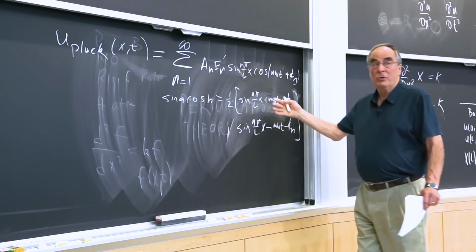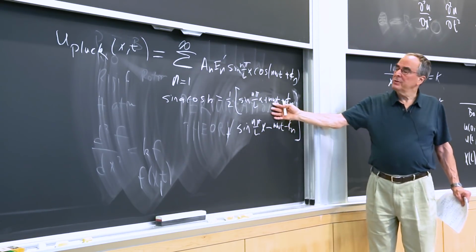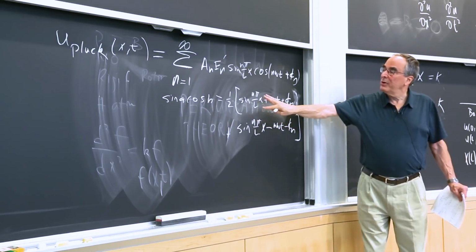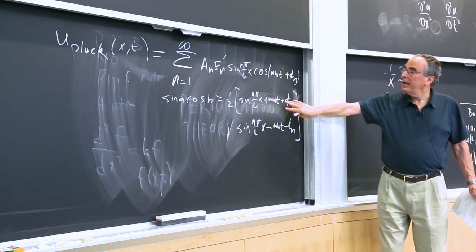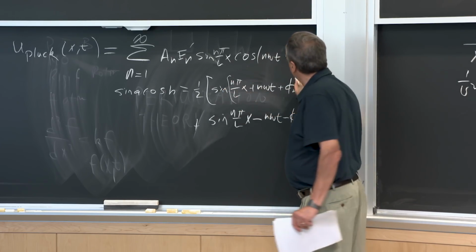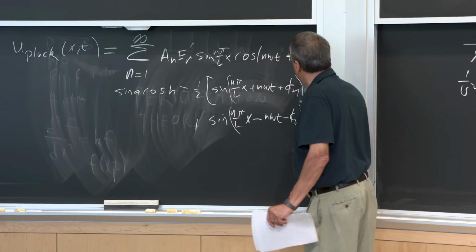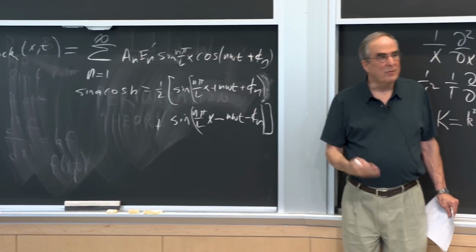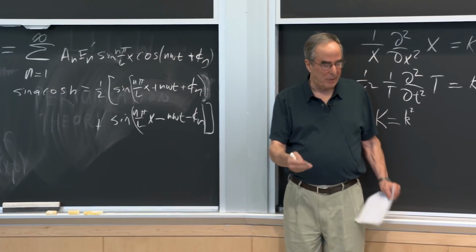So these are the two possible solutions, and we can write them now in terms of a position factor and a time factor in the same sine or cosine function. So these are the things that now we're ready to make a picture of.